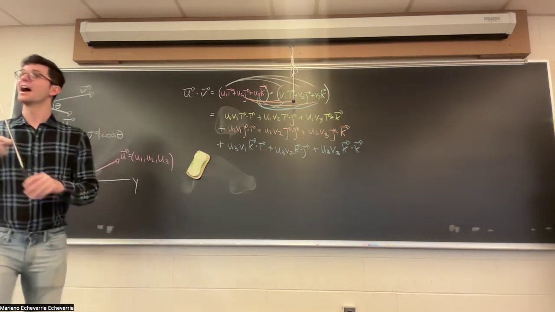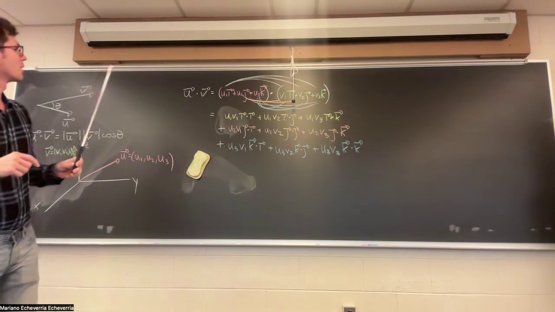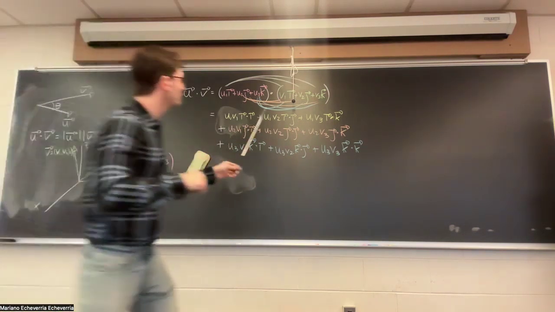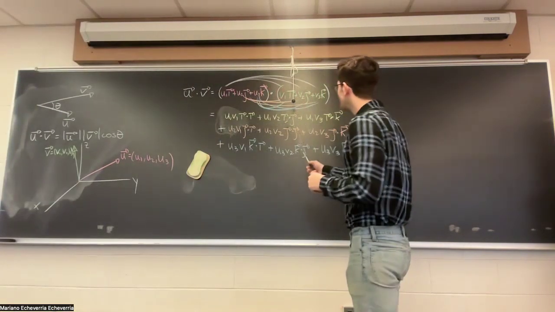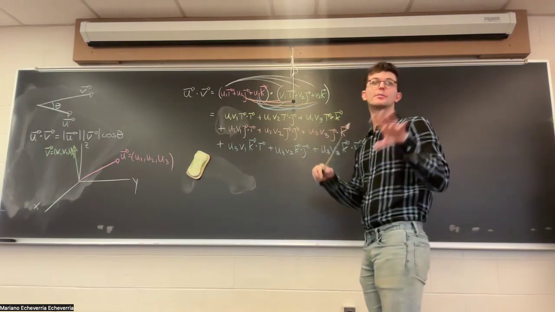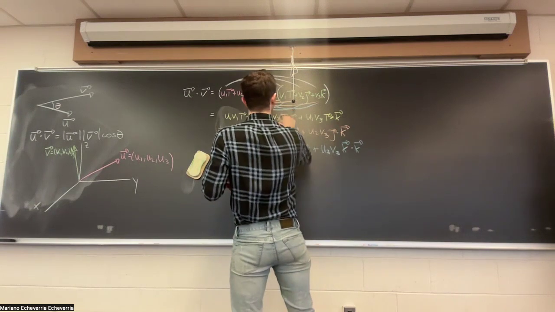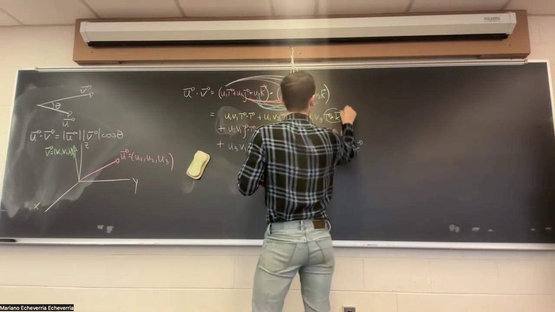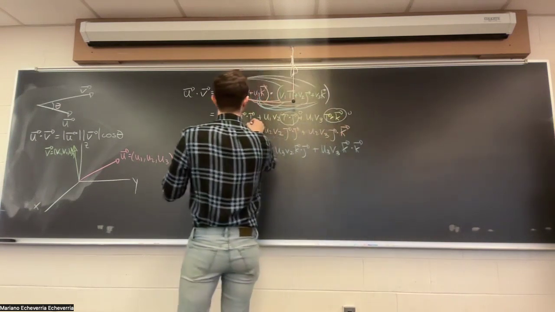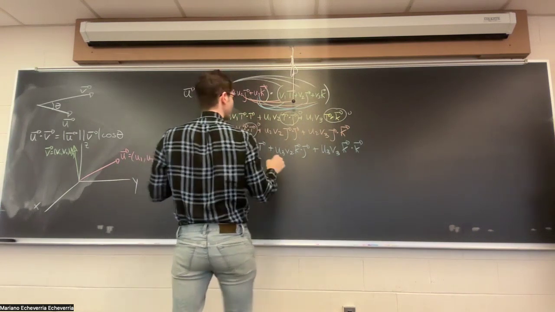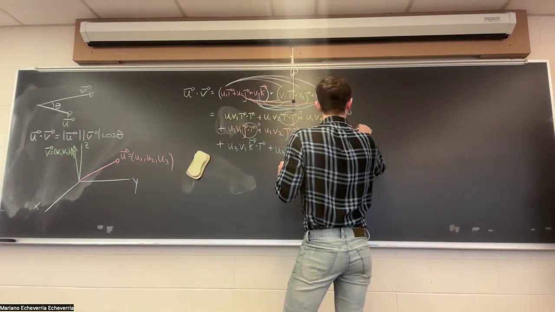Like I dot I, J dot J, and K dot K. So I dot J, for example, and I dot K will be 0 because they're perpendicular. So these two will be 0 because they're perpendicular. Then, for example, J dot I, they're perpendicular vectors, so this goes away.